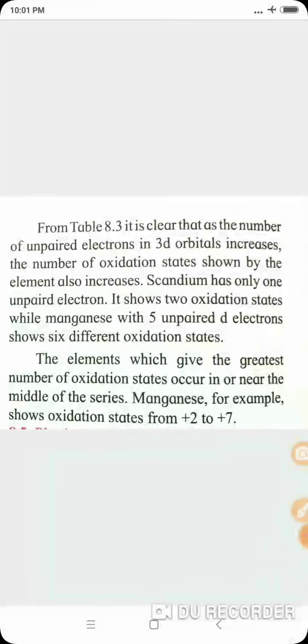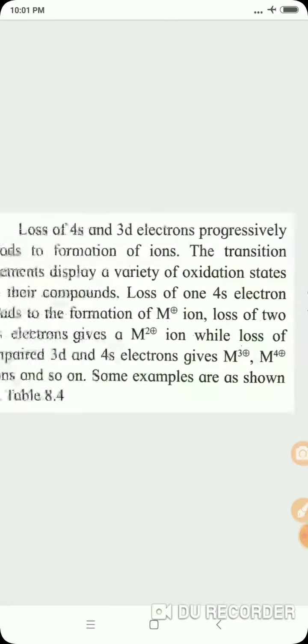In the 3d series, manganese shows the maximum number of oxidation states. Five unpaired d electrons show 6 different oxidation states. The element which gives the greatest number of oxidation states occurs in or near the middle of the series, and that is manganese. Manganese, for example, shows oxidation states from +2 to +7.